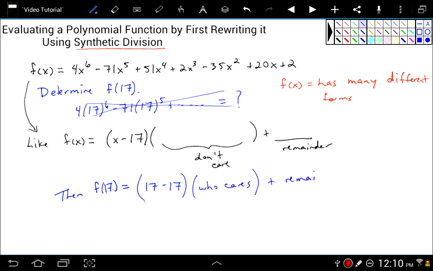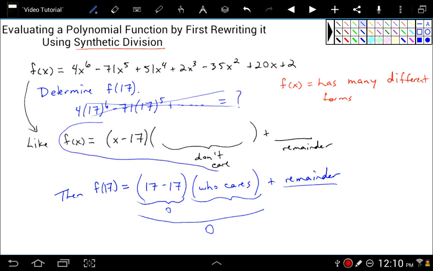And what happens is, this is 0, so when I multiply 0 by who cares what, this whole thing is 0. And all I end up with is 0 plus my remainder, which I can add in my head. So the question is, how do we turn f of x into this form? And the answer to that is synthetic division.